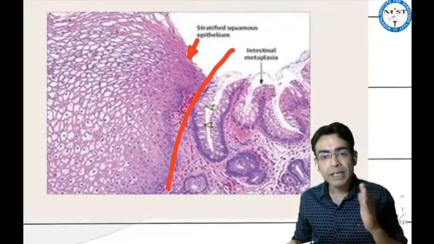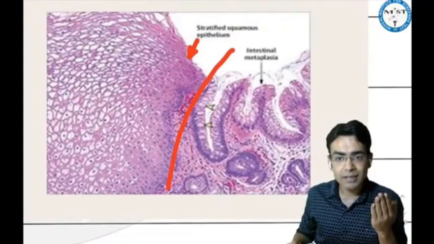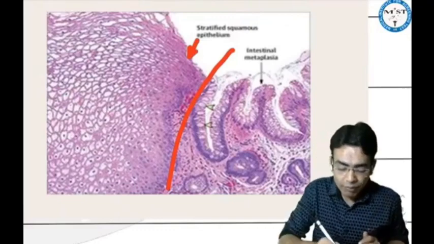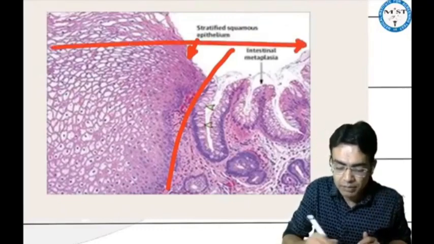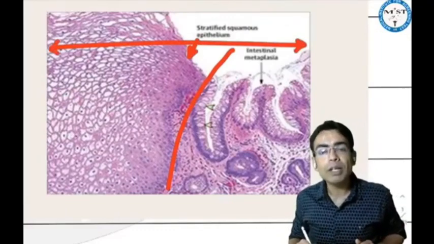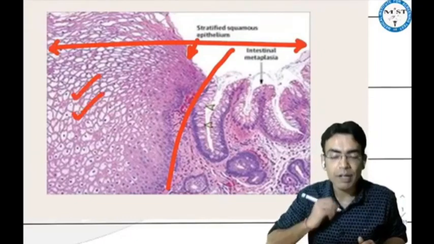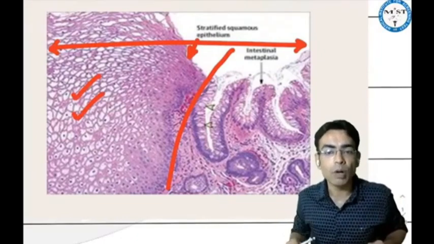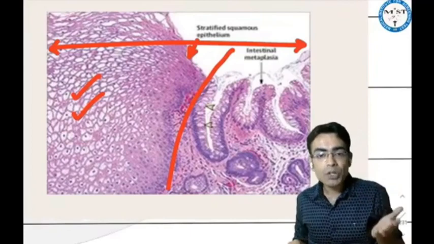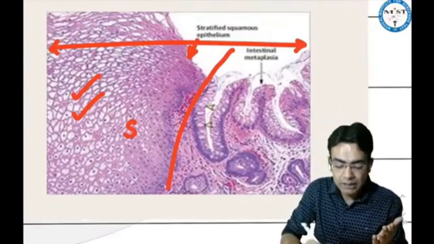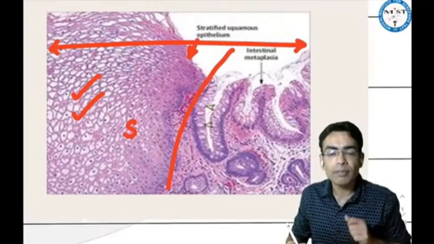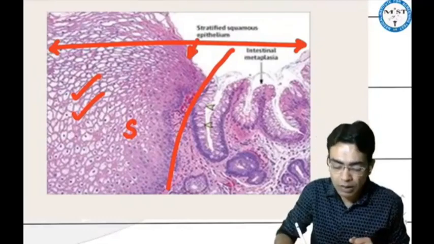Ideally, from here till here, all the cells should be of the squamous variety if the esophagus was normal. But now the squamous cells are shifting to columnar cells.